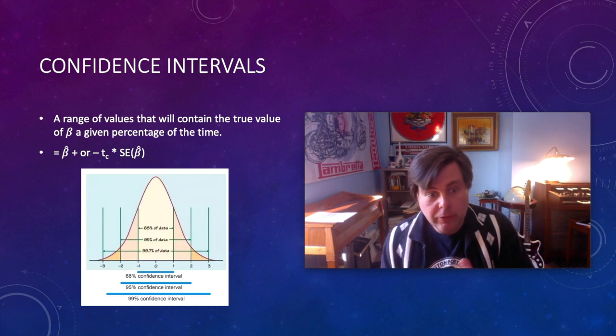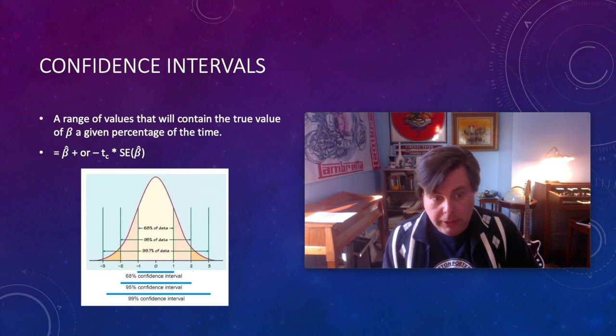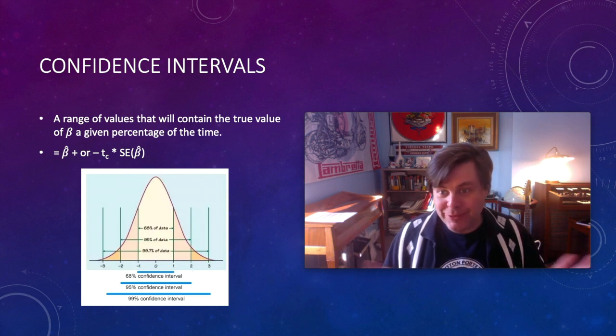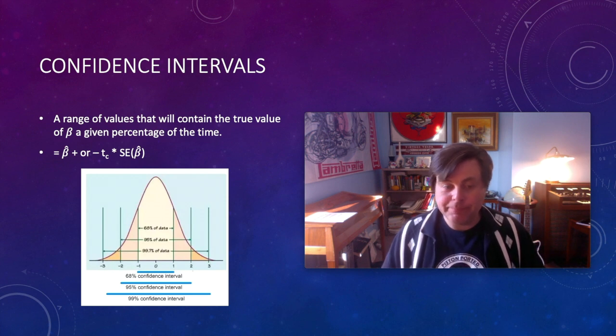So we've got three here: 68%, 95%, 99% confidence interval. Two-sided, plus or minus a two-sided confidence interval times the standard error associated with the estimated coefficient, beta hat. This is how we construct a confidence interval. Okay.